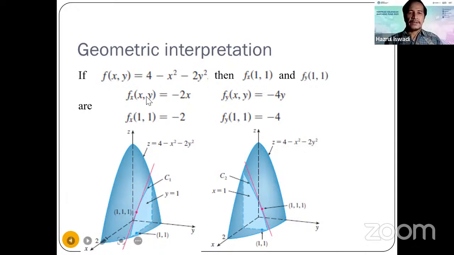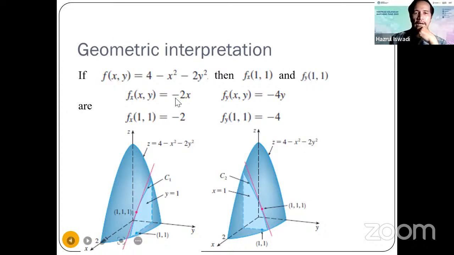First, we must know the partial derivative. As we said before, the partial derivative with respect to x means that y is considered as a constant. And we know that the derivative of a constant is 0. So this is 0 and this is also 0.